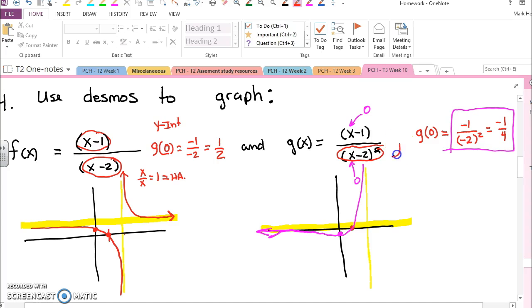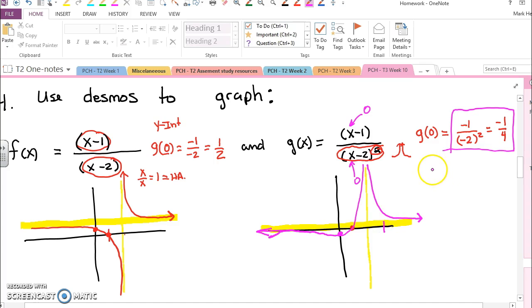So this is going to behave like 1 over x squared because of the even power, and so I'm going to have a volcano, and that means this is what it'll look like on the other side of x equals 2.